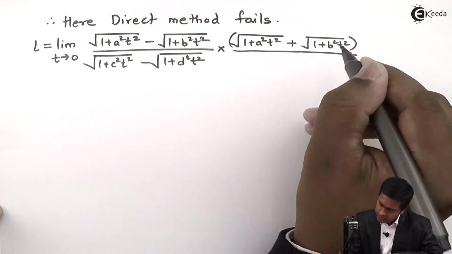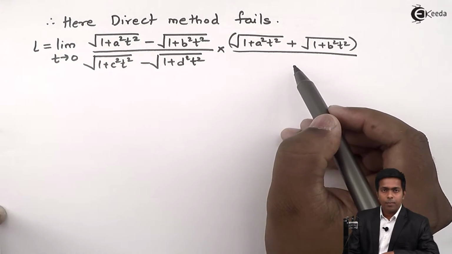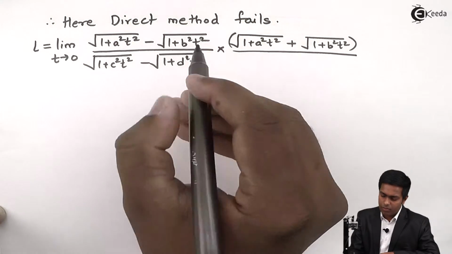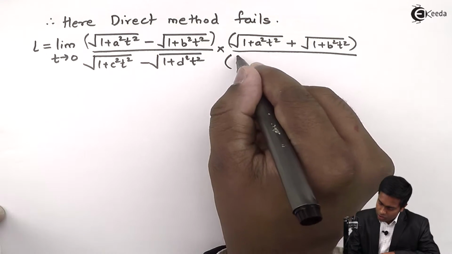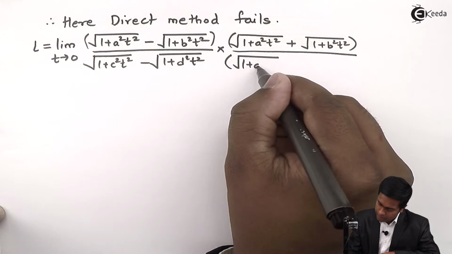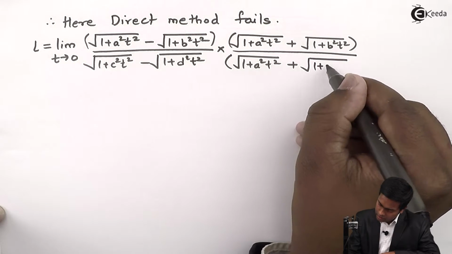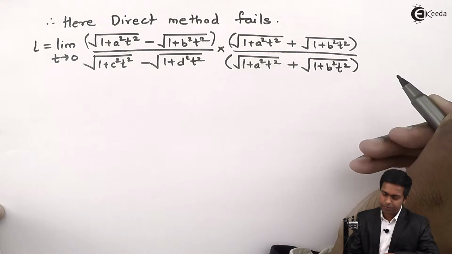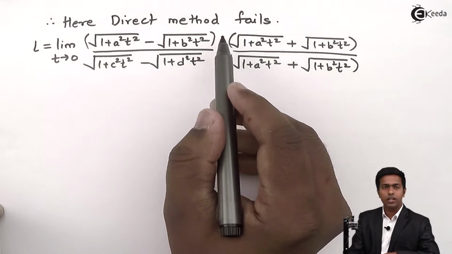So what I am doing is multiplying the numerator and denominator by the conjugate of this term which is in the numerator. So in the denominator also I will write down the same term, square root of 1 plus a square t square plus square root of 1 plus b square t square. So I applied rationalization for this term which is in the numerator.